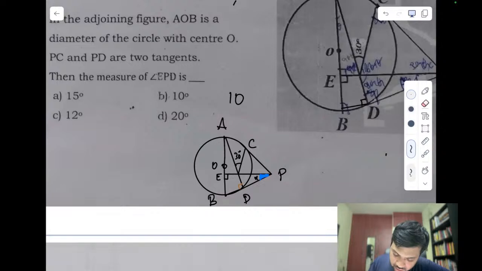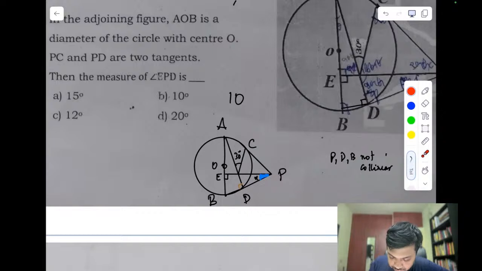Or else let's just remember P, D, B are not collinear. How do I do this? This is 30. This is 90. That's for sure. What I've written as 90 is for sure.